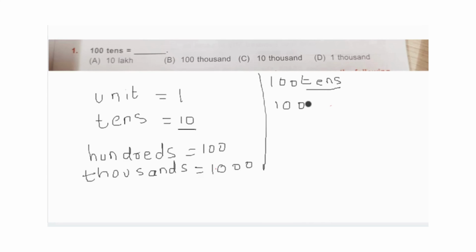So we will multiply it by 10. Since you are multiplying it by 10, you will add another 0 to the expression, which is 100 followed by one more 0, which gives us 1000. The correct answer is 1000, which is option number D.